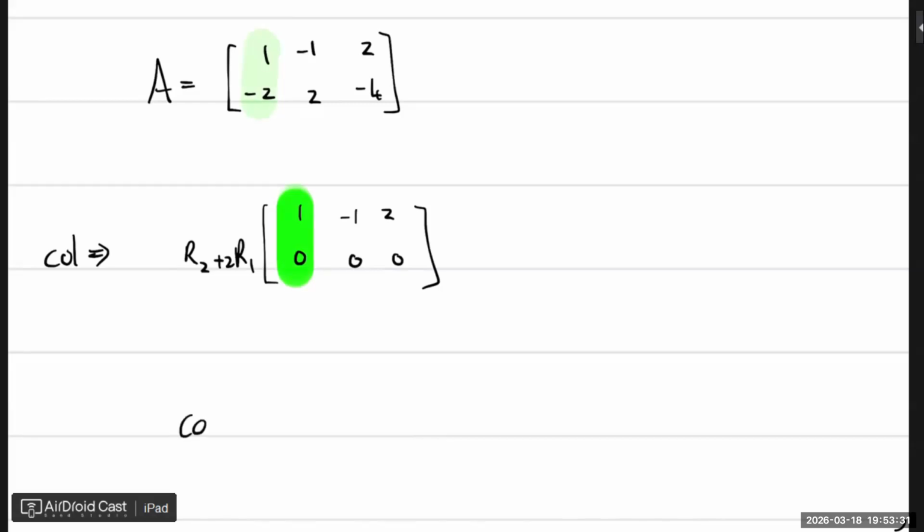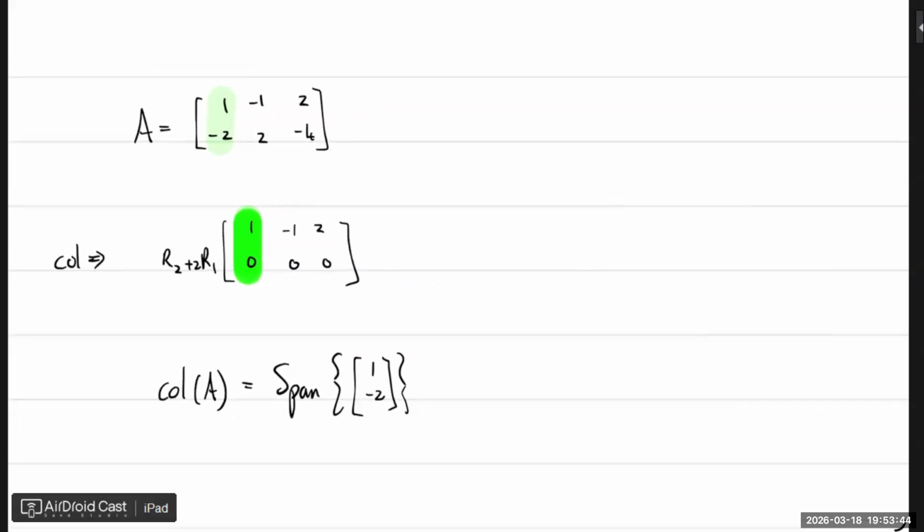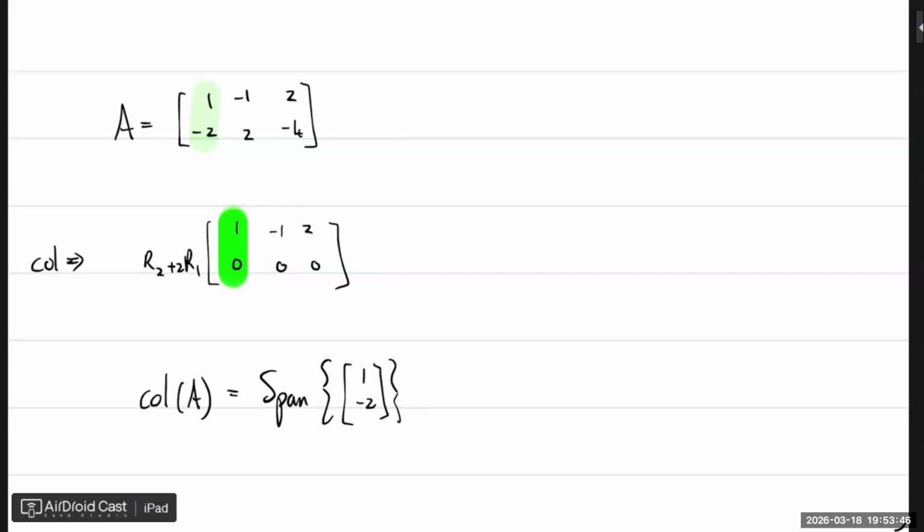So the column space of A is the span of (1, -2). Which means, can I get to the other columns just by having that one? Yes.